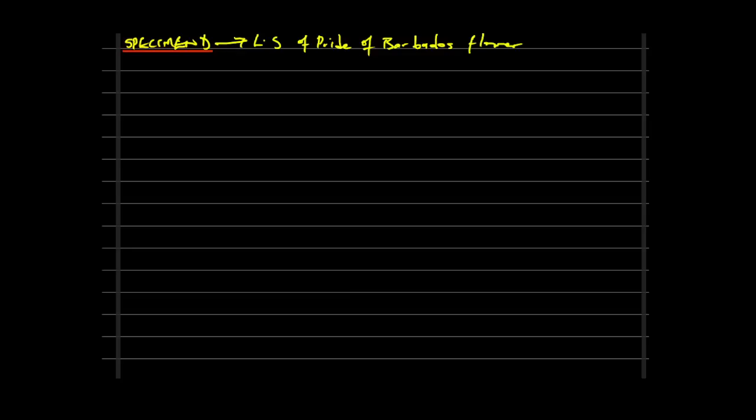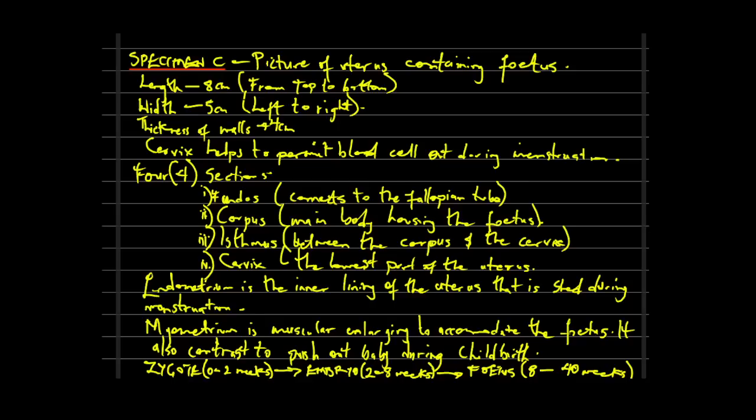So what do we have for the ovary of the longitudinal section of the Pride of Barbados? Lest I forget, we have the organisms that have specimen C. The kind of reproduction that they have, we call it the viviparous kind of reproduction, because they actually have the ability to give birth to their young ones alive.